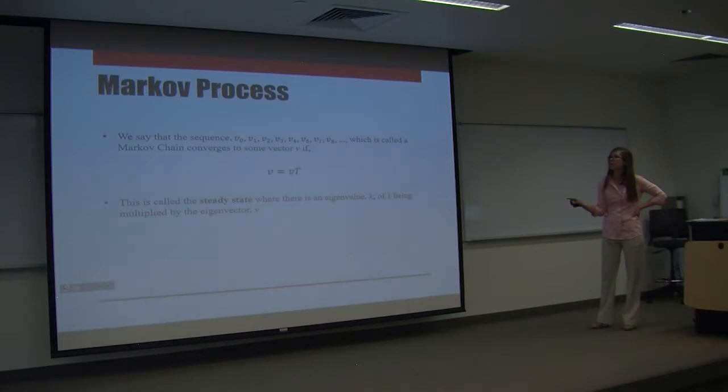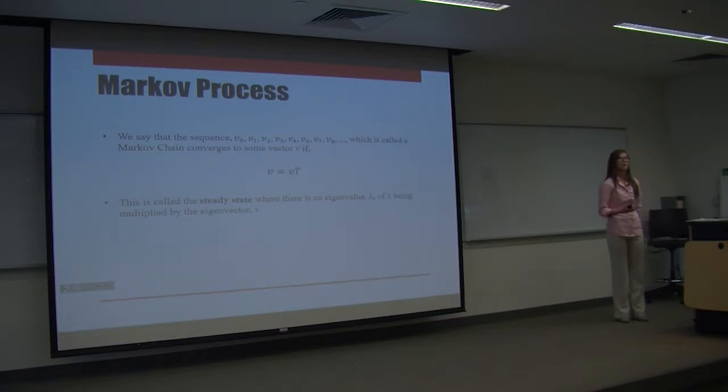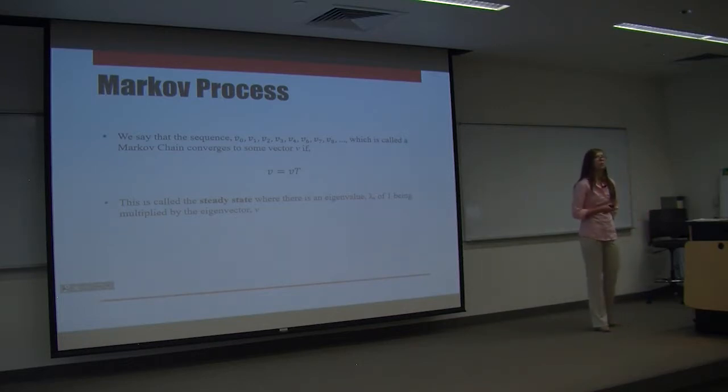Continuing on in that sequence, we find that this actually forms what is called a Markov chain. And we find that this Markov chain can eventually converge to a vector v if v ends up equaling v times the transition matrix. So to make more sense of this, let's imagine that we have a state matrix where we're representing m many terms, where m is a very large number of turns.